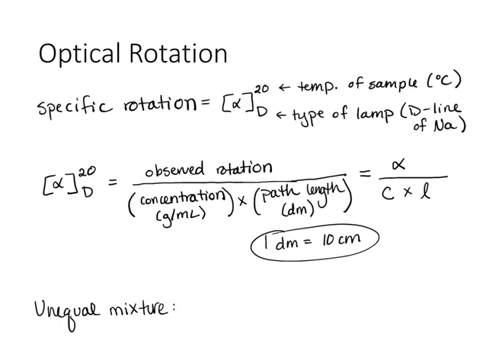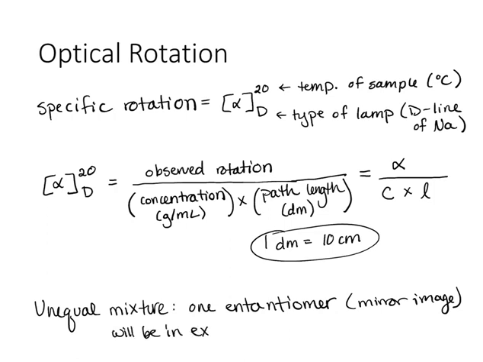So let's just write that down real quick. One enantiomer, or mirror image, will be in excess and rotate the light.